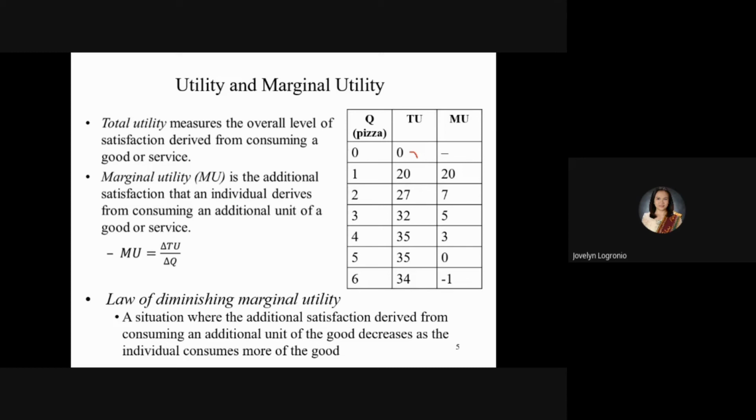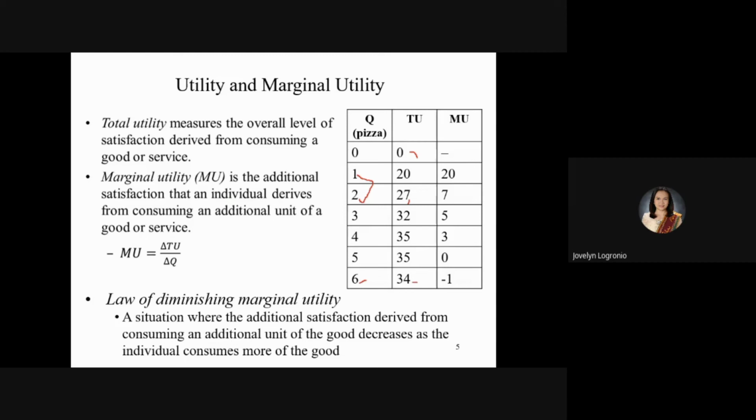Then, if the consumer will consume 2 slices of pizza, the total utility is 27. If the consumer will consume 6 slices of pizza, the total utility is 34 utils. Okay, how about the marginal utility?